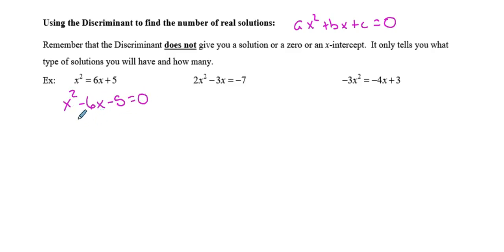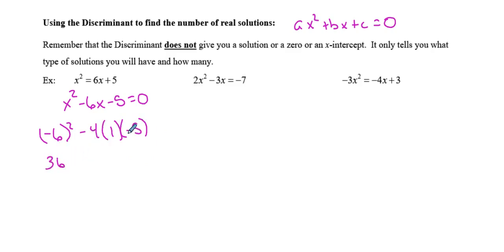0. Now that I have it in standard form equal to 0, I can then do b squared, which is negative 6 squared minus 4 times a times c. And then let's just see what happens here. That gives me 36.